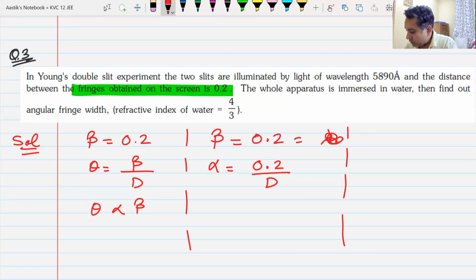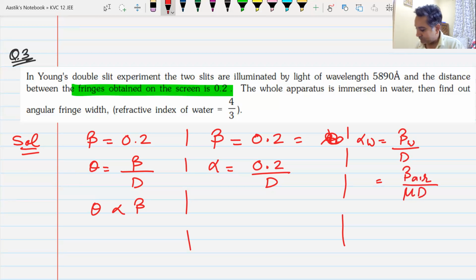Now, how do I get alpha in water? Alpha in water will be beta in water divided by d. Now, what will be beta in water? It will be beta in air divided by mu.